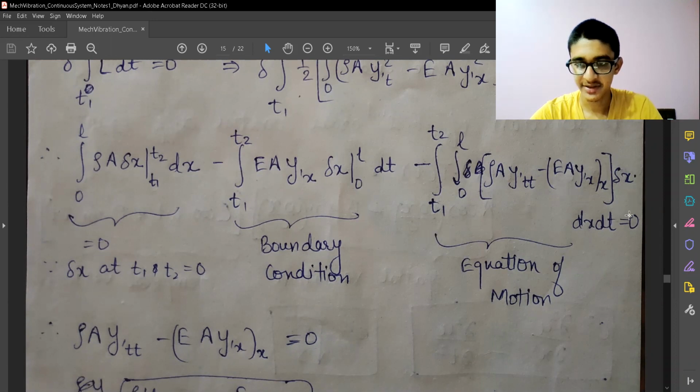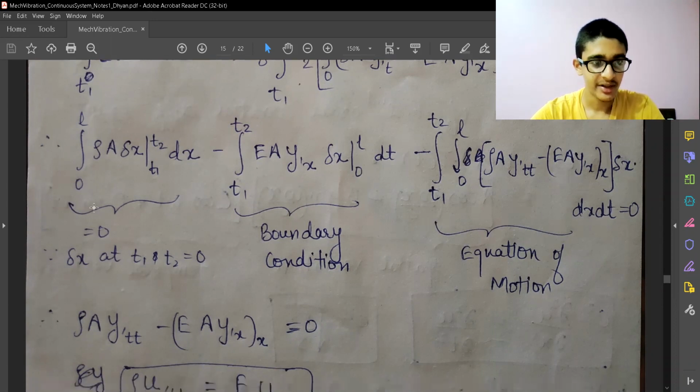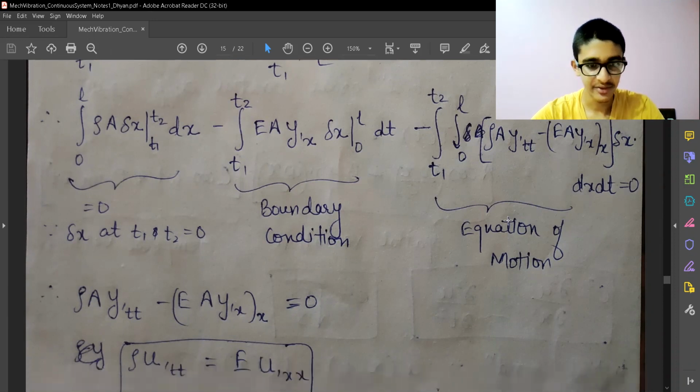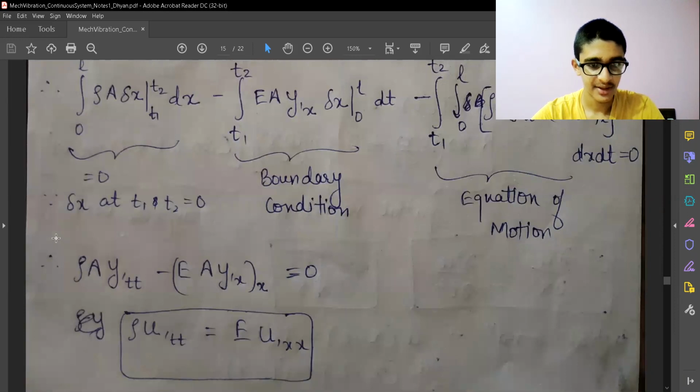And this is the final equation of motion which is of use. Since we are equating this to 0 and this is also going to 0, that means that the third term is also 0, and the third term is 0 means the integrand is 0. Integrand is 0, that means the internal part is 0.